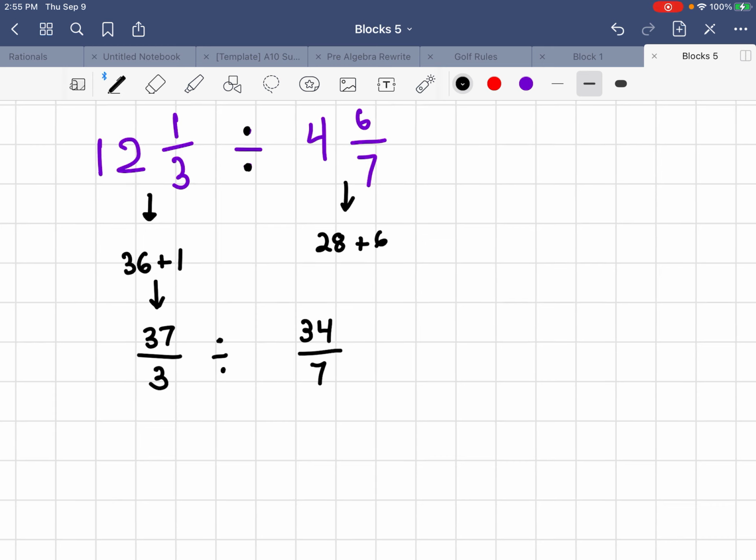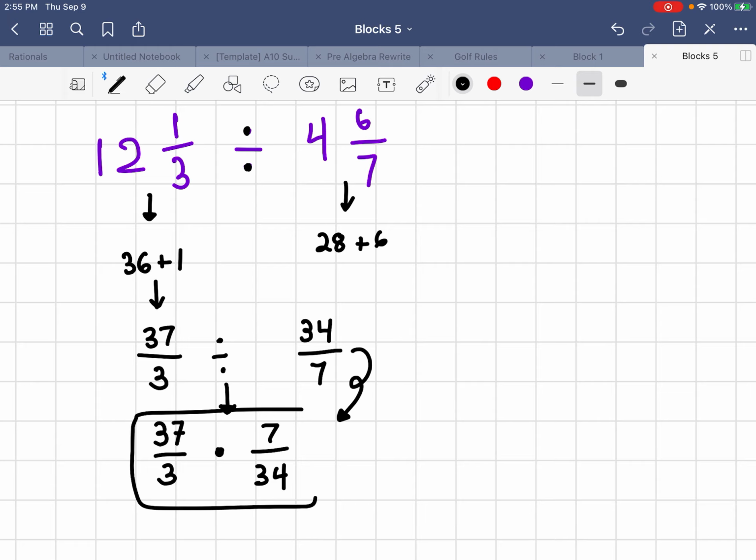This could be pretty ugly looking. We're going to keep the original first number. We're going to switch the division to a multiplication, and we're going to take the reciprocal of my second number. Once here, it becomes just like the previous problem.